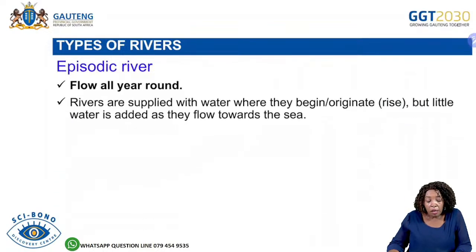Right, an episodic river flows all year round, and that's the characteristic that we have explained. A river is supplied with water where they begin to originate or rise, but little water is added as they flow towards the sea.